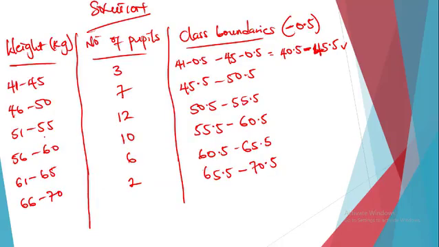This is our y-axis, this is our x-axis. There's no zero here as long as the histogram is concerned. And we have our y-axis for the frequencies 3, 7, 12, 10, 6 and 2.